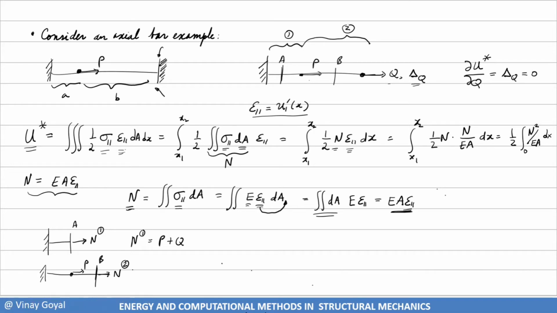So N2 is going to be equal to only Q, just Q. Because if I do a cut here, that's equilibrated by this load Q.